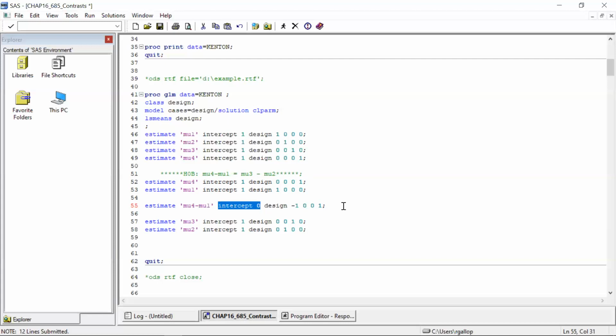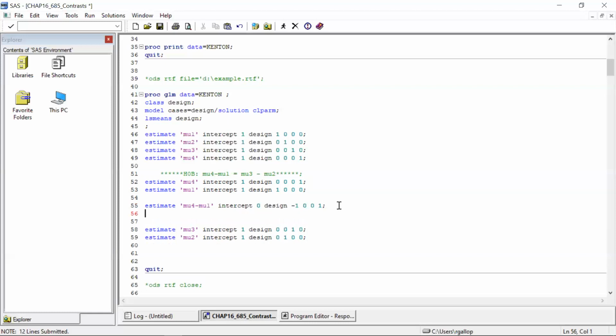SAS, your friend, will recognize that it's really not adding anything. It's really 0 times the coefficient of intercept, which doesn't really need to be there. So if you went this way and got rid of that, that's fine. You can go, okay, in this case, I'm going to go design minus 1, 0, 0, 1. That's fine. I'll call this estimate mu4 minus mu1a.